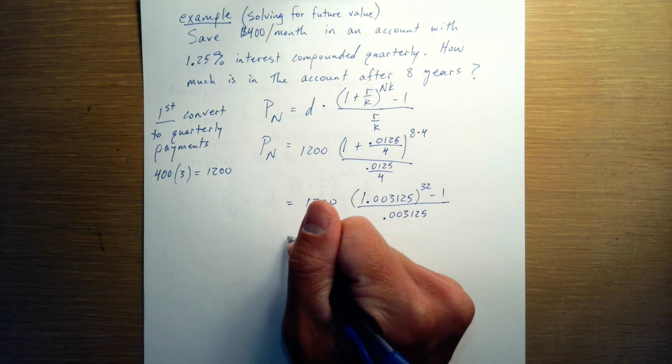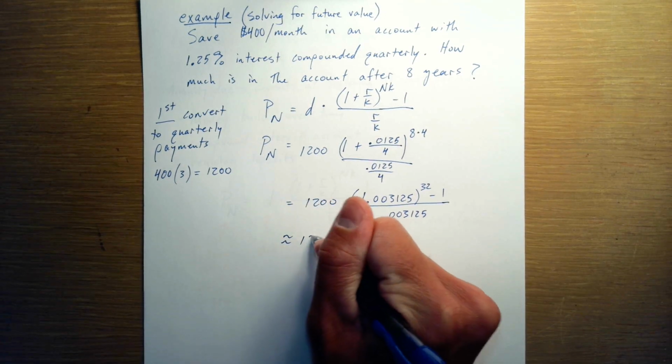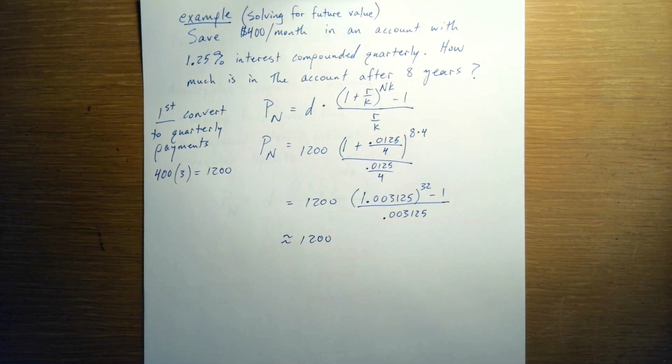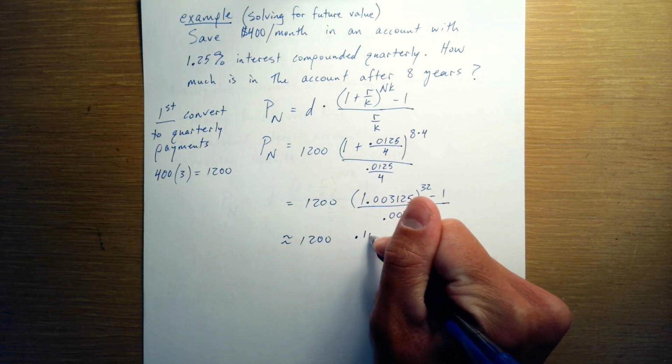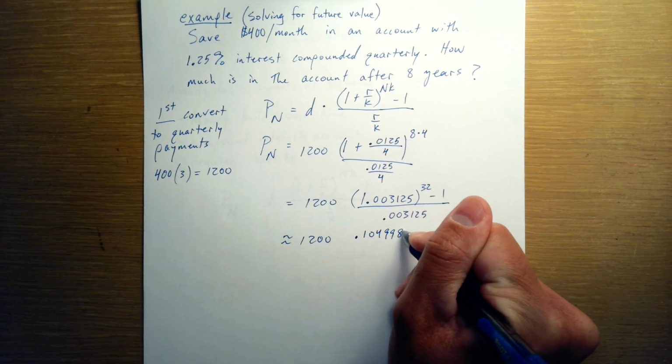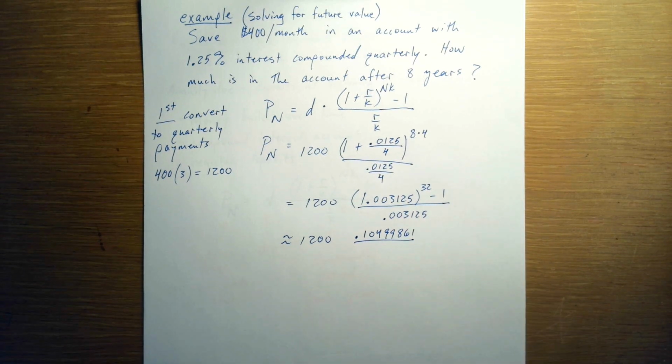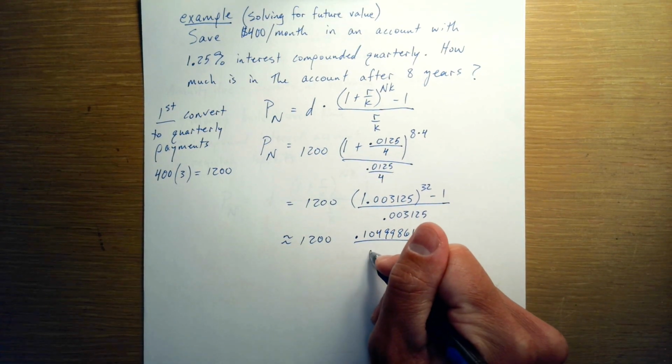So these things need plugged in, and we get an approximation, so I'm going to leave the 1,200. I'm going to approximate this numerator, which is about 0.10499,861. And the denominator, unchanged.